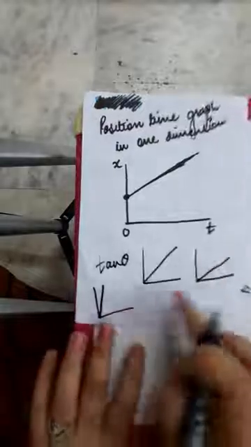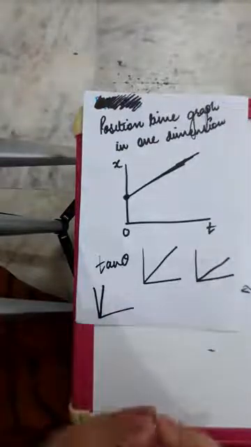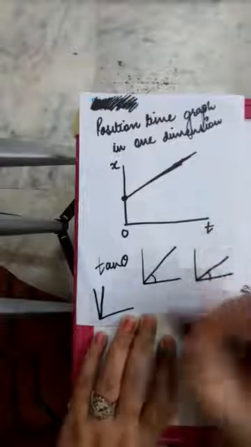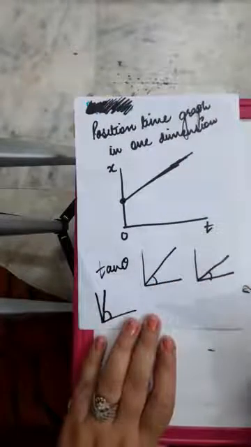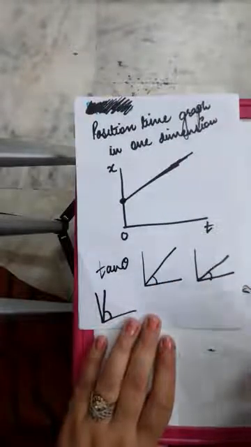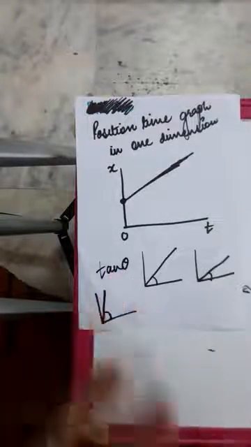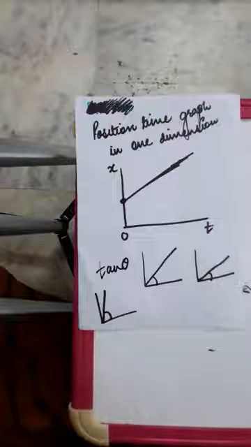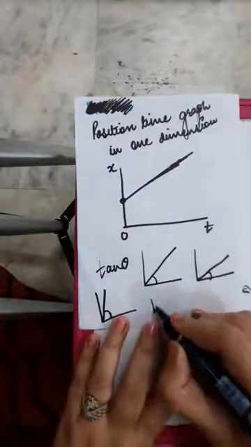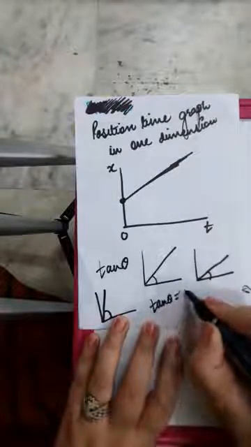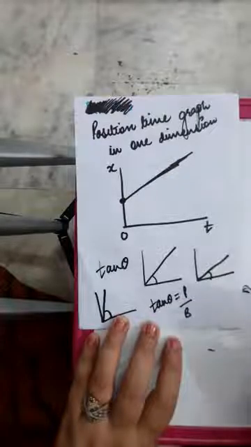All these three graphs are straight lines inclined to the x-axis, but still these three graphs are different from each other. Why? Because their inclination with respect to the x-axis is different. So to measure that inclination, we define a quantity called tan theta, which is known as the slope of the graph. Tan theta is studied by us as perpendicular by base. So this is what I have to find out here.